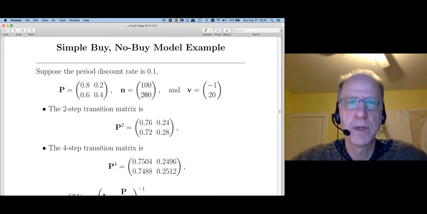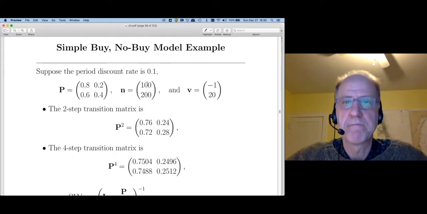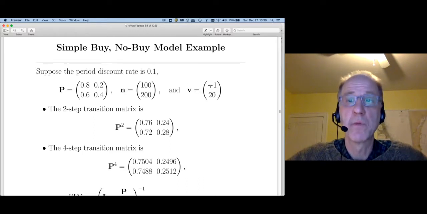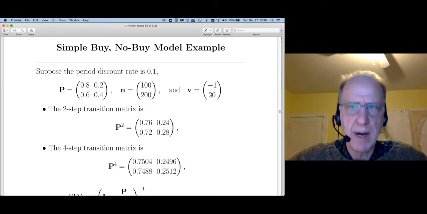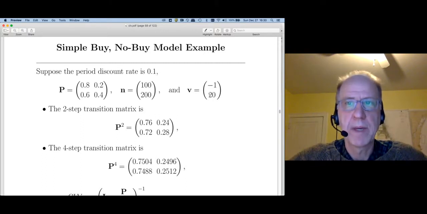Here's the number in the buy state, the number in the no-buy state. Suppose that I market to everybody every month, and I spend $1 on marketing. Now, when a customer buys, I actually make $21, but if you take 21 minus 1, you're at $20. This would be the net contribution less marketing costs. We can think of that as being our V vector.